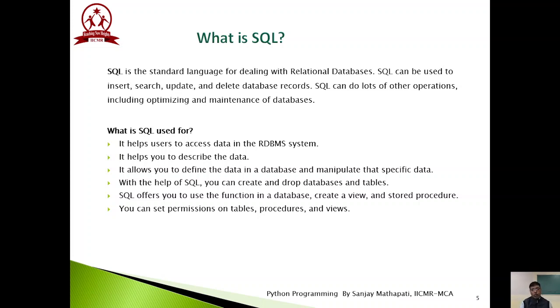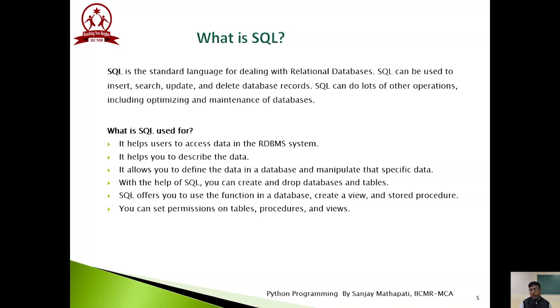SQL is the standard language for dealing with relational databases. SQL can be used to insert, search, update and delete databases as well as records. It can do many other operations, including optimization and maintenance of the database.